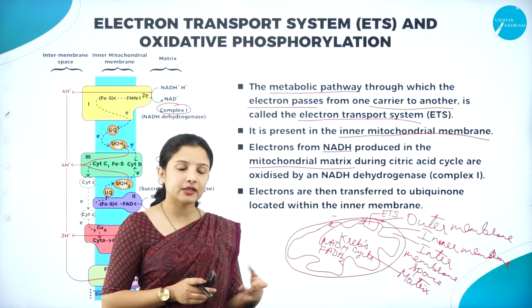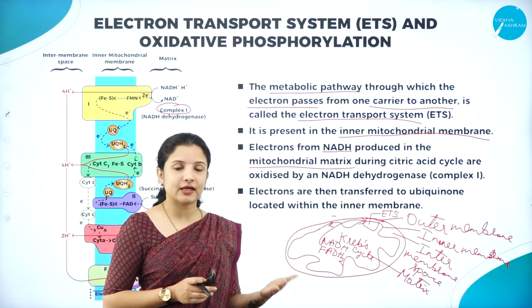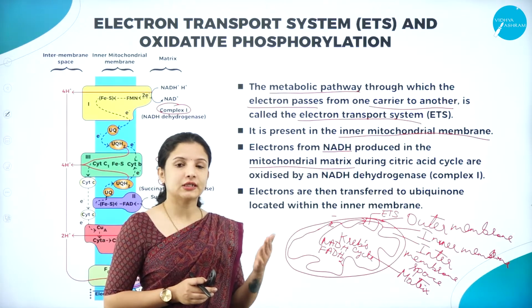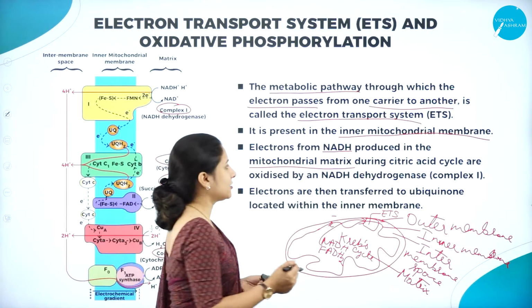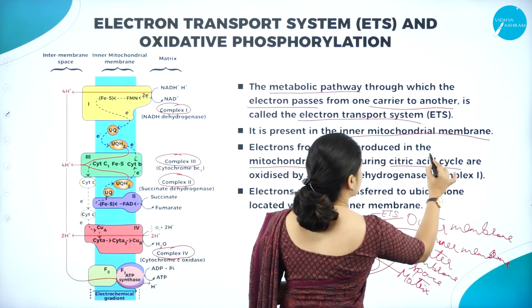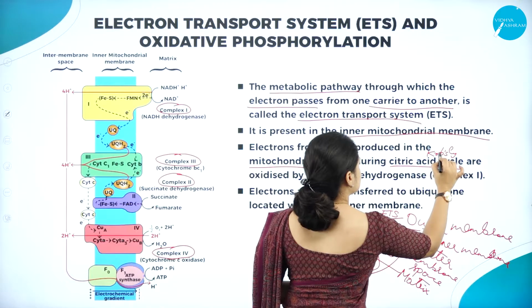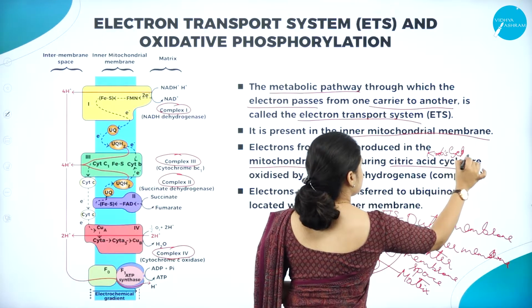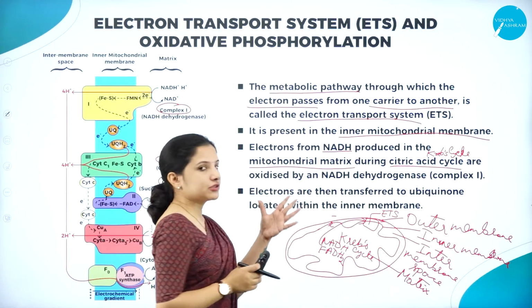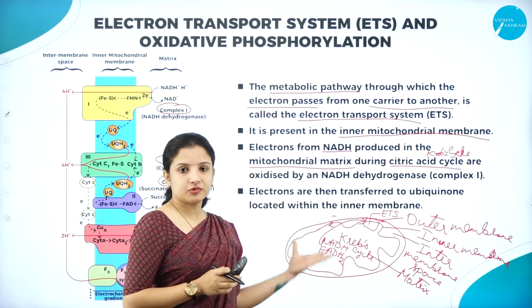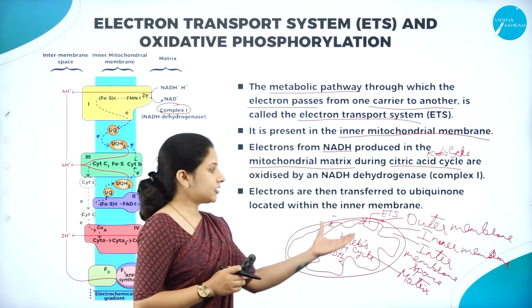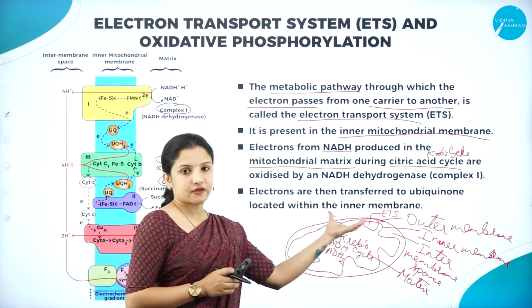You can also write it as produced in the citric acid cycle, or the tricarboxylic acid cycle. All the names are the same, because the citric acid cycle is also called the Krebs cycle. And where does this Krebs cycle or citric acid cycle occur? It occurs in the matrix of the mitochondria.